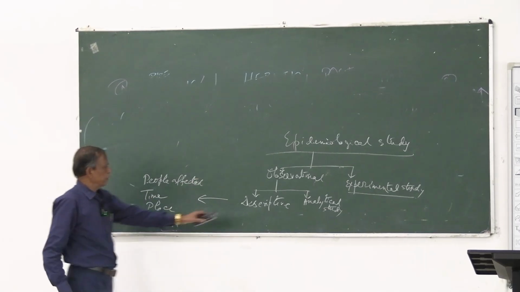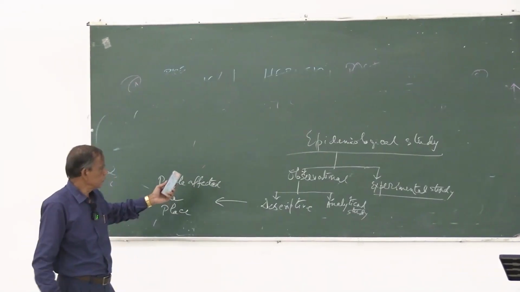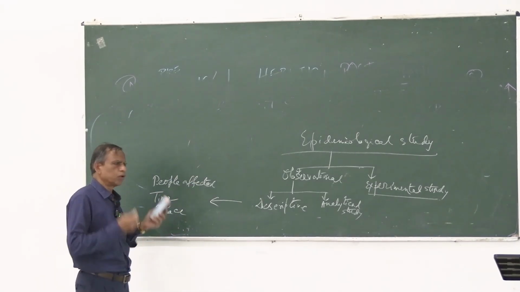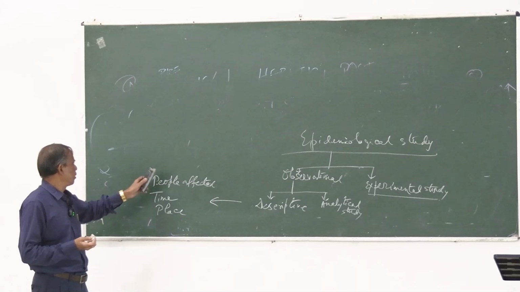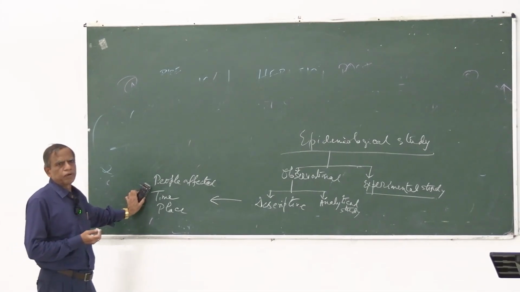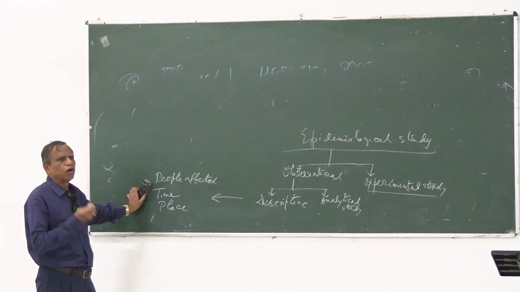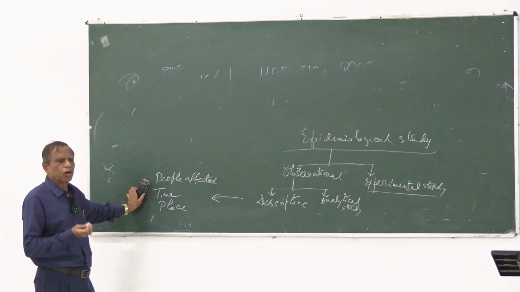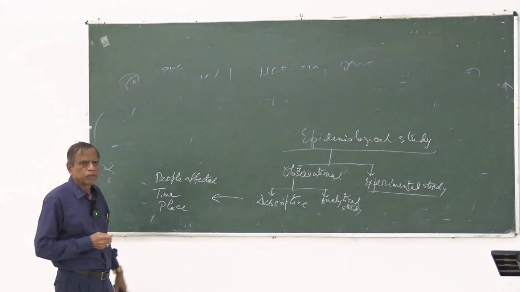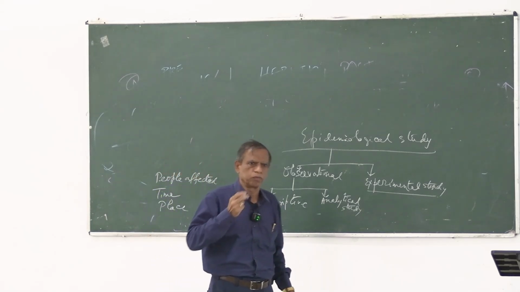So, in descriptive study, we just prepare a questionnaire, and with the help of the questionnaire, we go to the field and ask the people who are affected about the time of suffering from the disease, whether during rainy season or winter season, early week or late week, and also in which places these diseases have been found mostly.